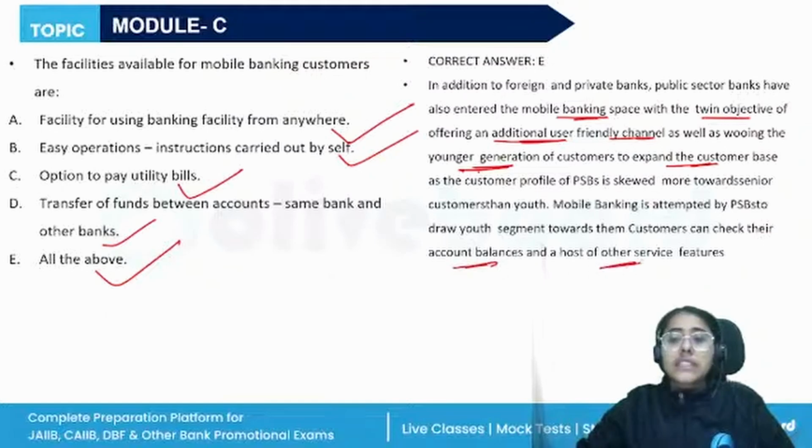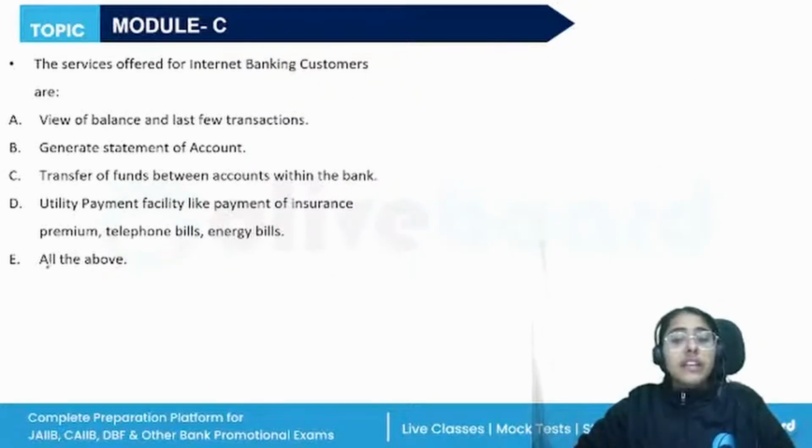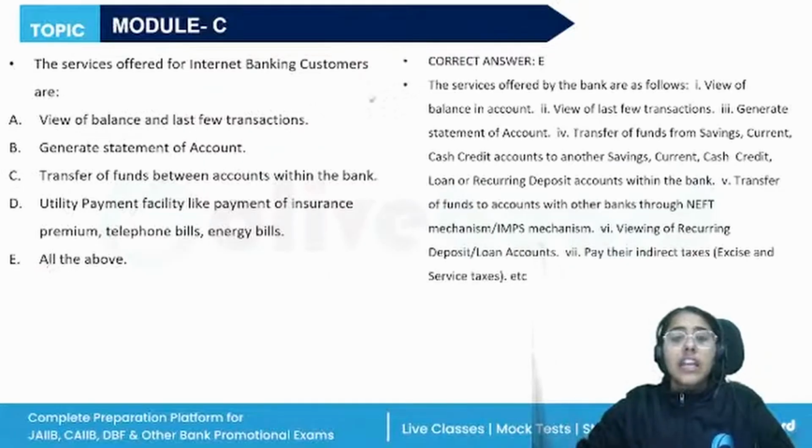So the customers can check their account balances, host of other service features, and so on. Transfer of funds between accounts within the bank, utility payment facility like payment of insurance premium, telephone bills, energy bills, or all of the above. So for this question also, the correct answer is E, all of the above.